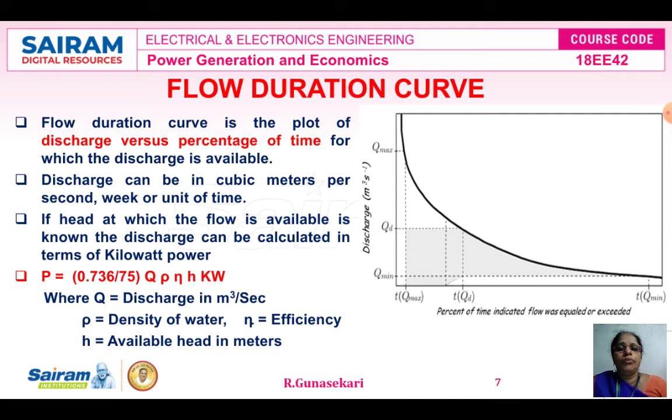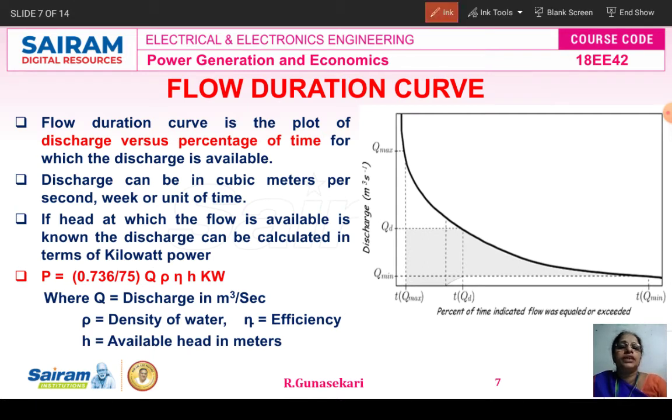Then we study the flow duration curve. In the flow duration curve, you see, the y-axis is discharge, the unit is meter cube per second. The x-axis is the percentage of the time for which the flow was equaled or exceeded. Here we have Q minimum, QD and Q max. Similarly, T is the time at Q max, time at QD, and time at Q minimum.